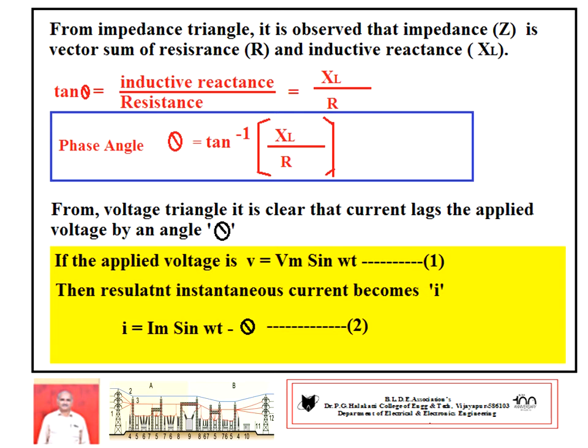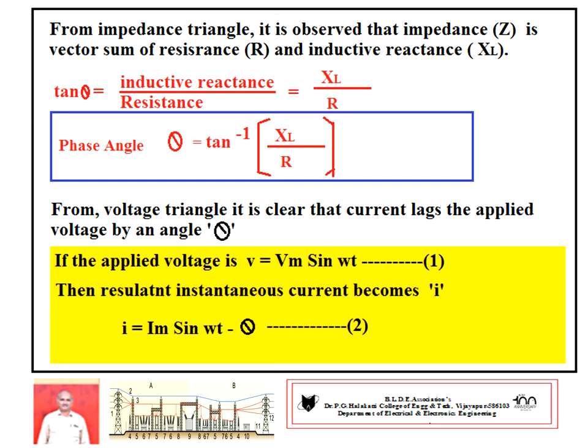Which effect is more? Then theta goes towards that. If the resistance value is more, then it is nearer to 0. If the inductance value is more, then it is nearer to 90 degrees. In between, it varies.